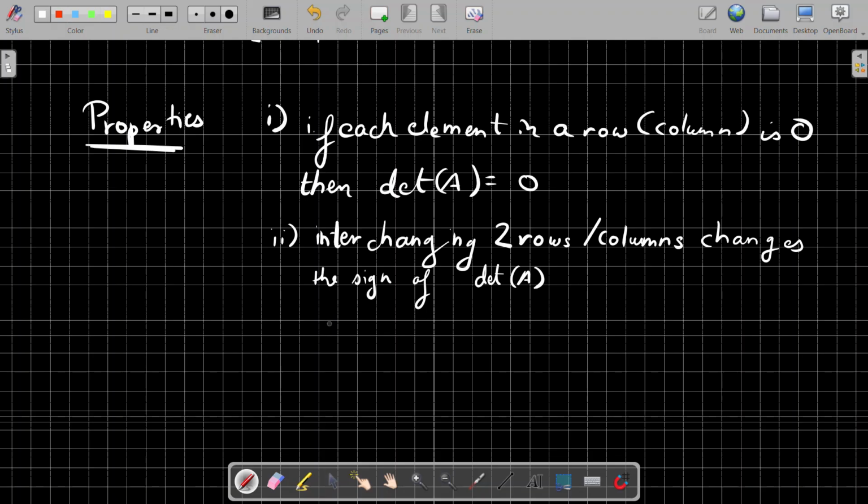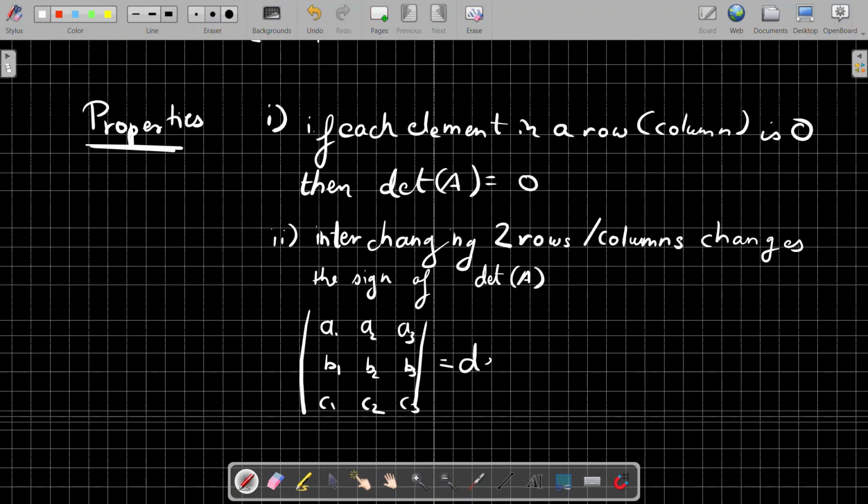So let's say we have a matrix A1, A2, A3, B1, B2, B3, C1, C2, C3. We take the determinant of it.